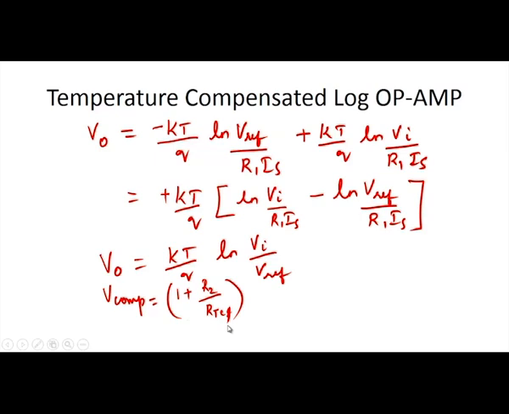So, 1 plus R2 by RTC into this whole term V0, kT by q natural logarithm of Vi by V reference. This is the final output of the temperature compensated log amplifier.